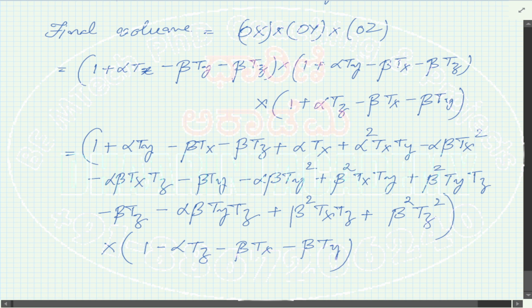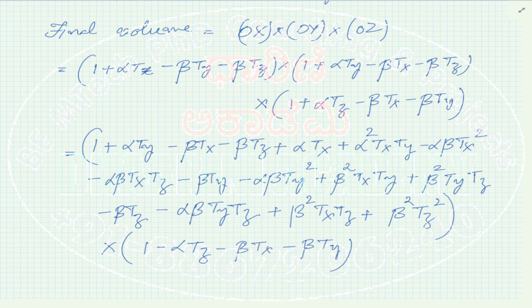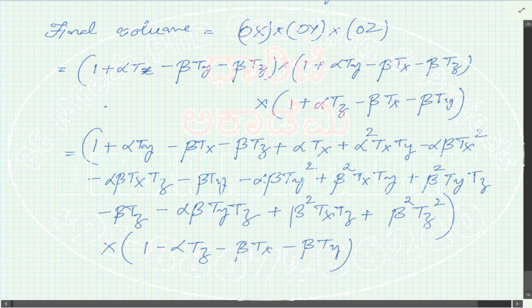Now we will try to simplify, and we will always try to cancel the terms if possible. So let's check. There is alpha Ty, beta Ty, Ty Tz. Minus alpha beta Tx square is not there.